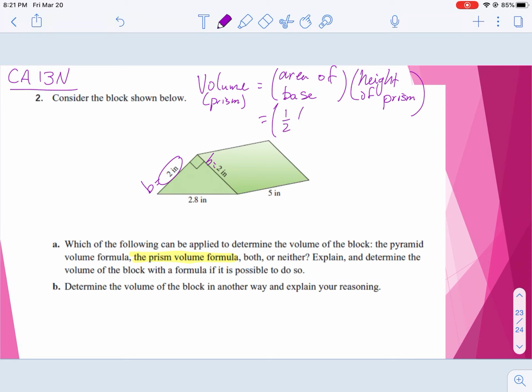And so the area of this triangle is half times 2 for the base times 2 for the height times the height of the prism, which if we stood it upright, you could see the height would be 5. Multiply that out and we get 10. And what's the label here? Hopefully you realize when we take the area, we're thinking about squares.